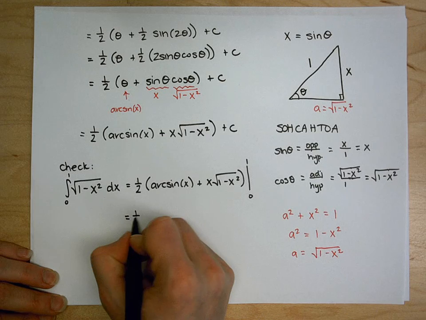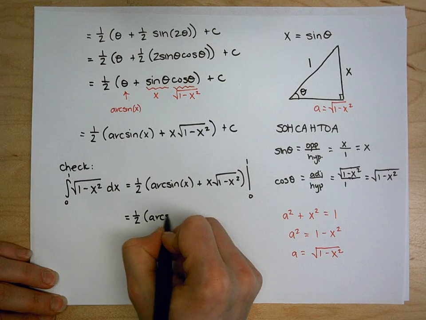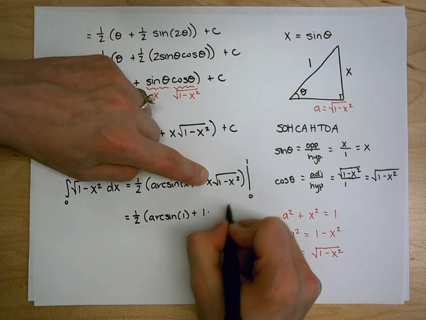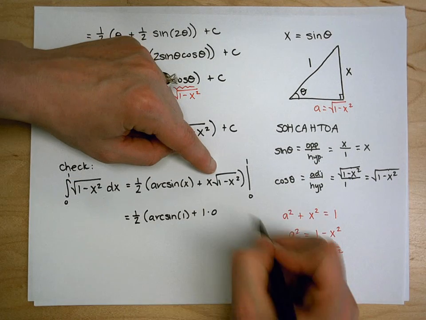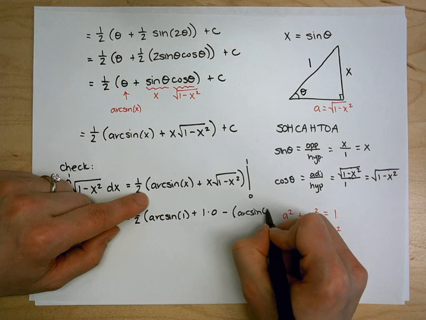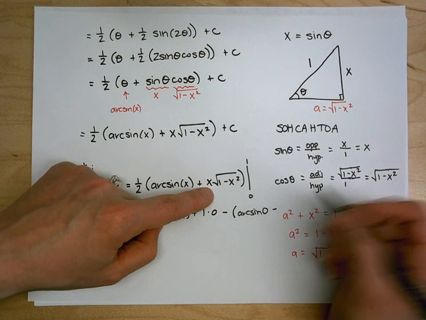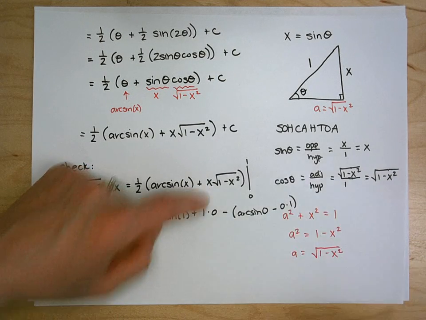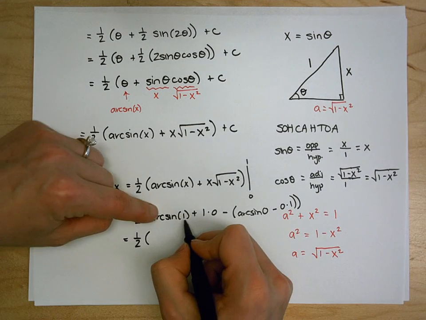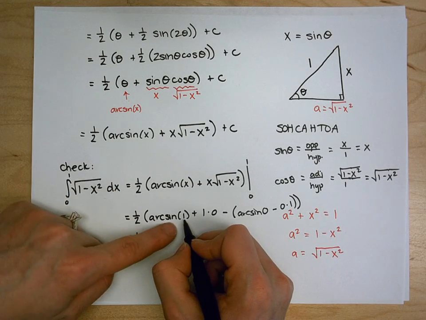I get arc sine of 1 plus 1 times, let's see, that would be 1 minus 1, so 0, minus arc sine of 0 minus 0 times 1, so, okay. So let's see, I get 1/2 arc sine of 1, that's saying when the y-coordinate is 1, what is the angle?